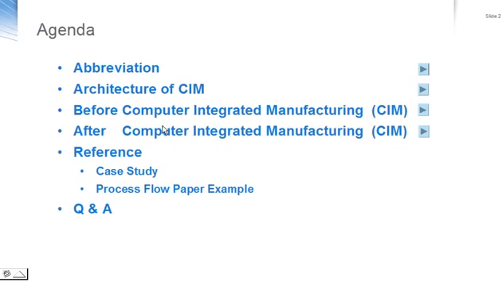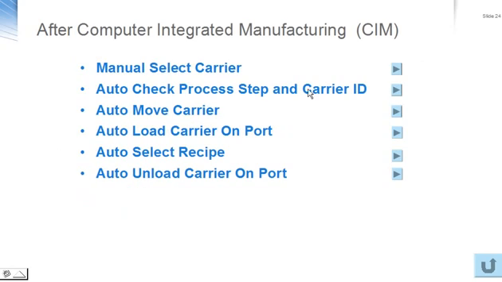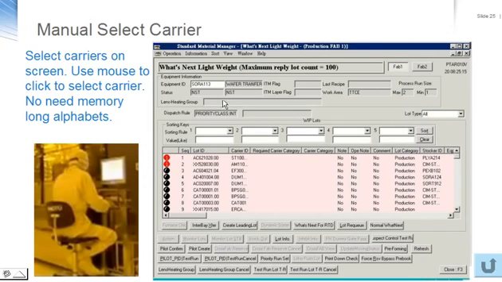And after computer integrated manufacturing, the CIM, we still manually select the carrier. Select the carrier on the screen and use the mouse to click to select the carrier, with no need to memorize the long alphabets. You can see some alphabets are very long.